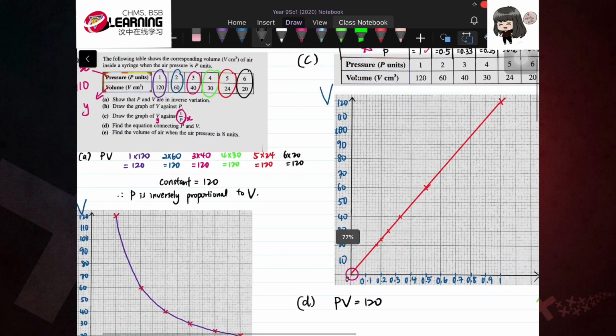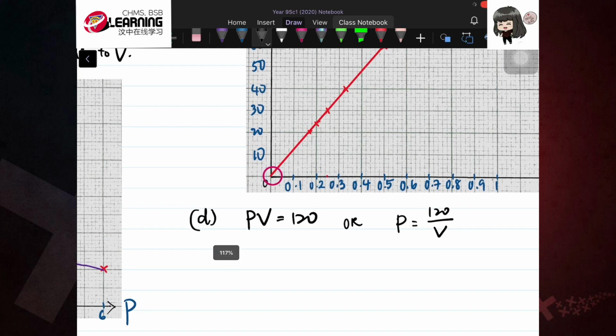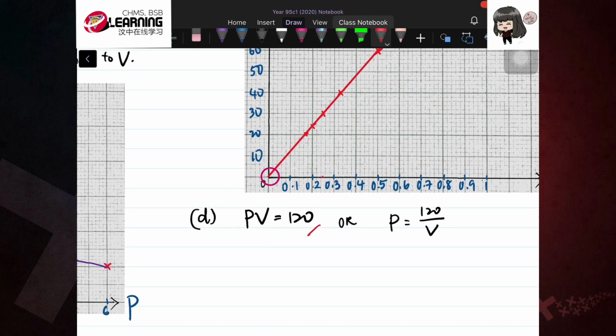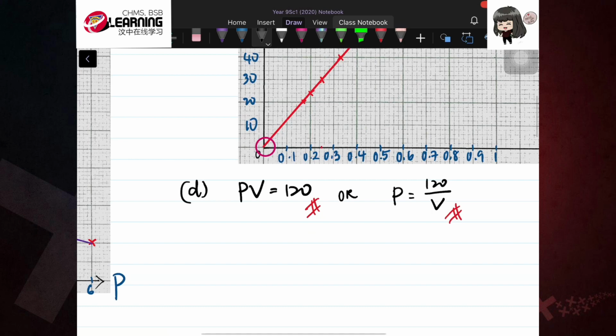This is the equation connecting P and V. Or what we normally write is P equals 120 divided by V. Both answers we accept because they are actually the same. If you move the V to the other side, it is divided by V.